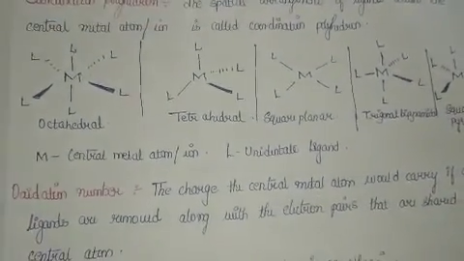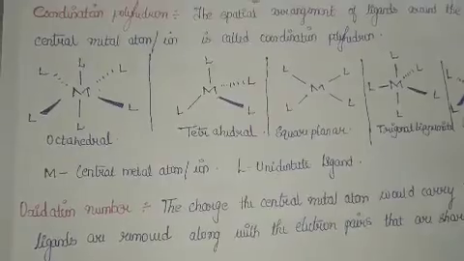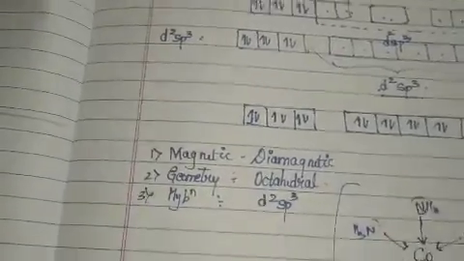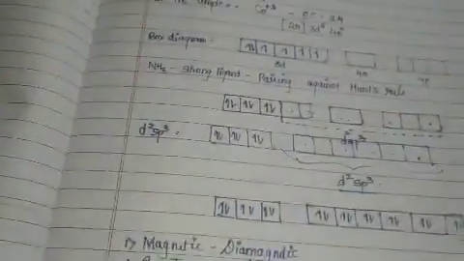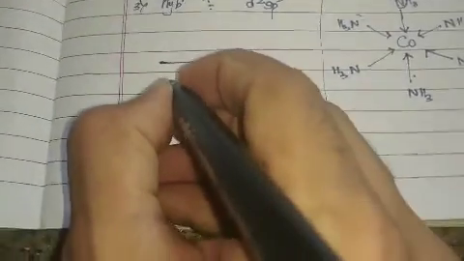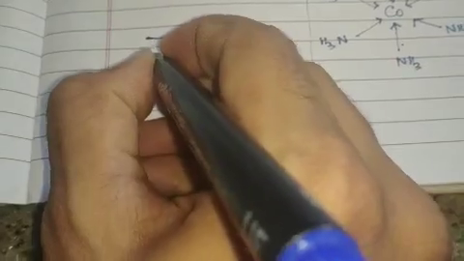When you are seeing the octahedral geometry, you could see that there are three types of bond representation. One is written in this way, and the second one is written in somewhat shaded form, like this shaded part, and the third one is your dashed lines.